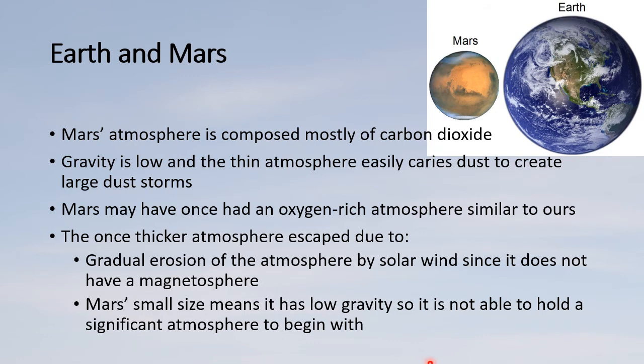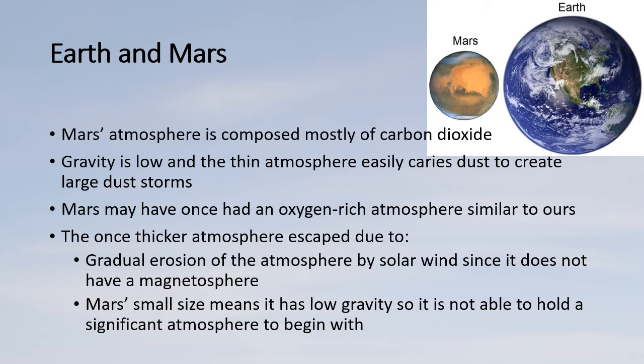So when we look at Earth and Mars, Mars's atmosphere is composed mostly of carbon dioxide. However, we have a very low gravity. Look at the size difference of Mars. Mars is very small compared to Earth. So it's very hard for Mars to even hold an atmosphere towards its surface. Mars may have once had an oxygen-rich atmosphere similar to ours.